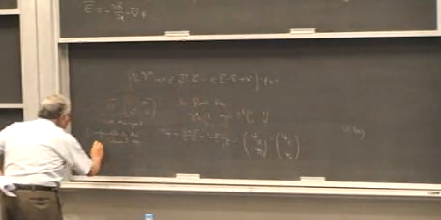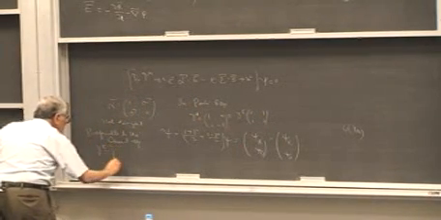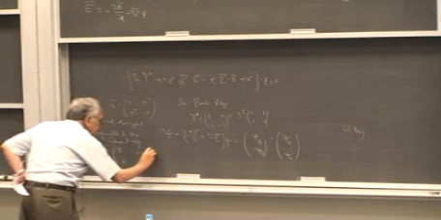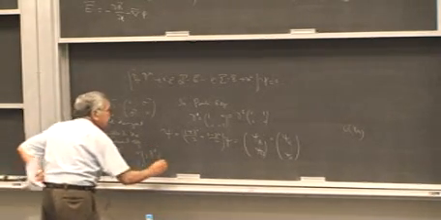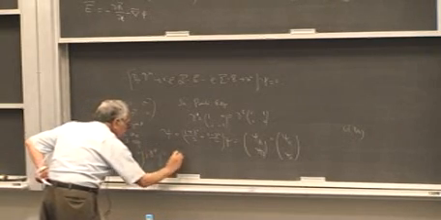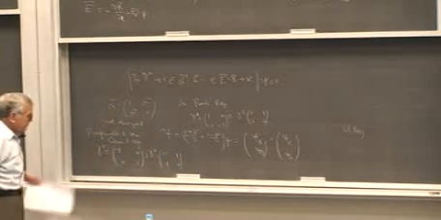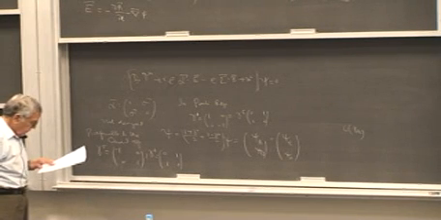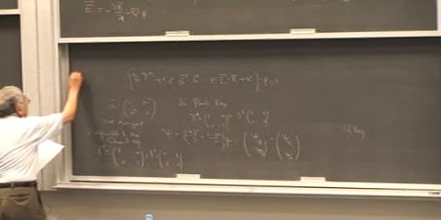So now we take gamma 5 to be diagonal, and we take gamma naught to be non-diagonal. And gamma i will remain the same.